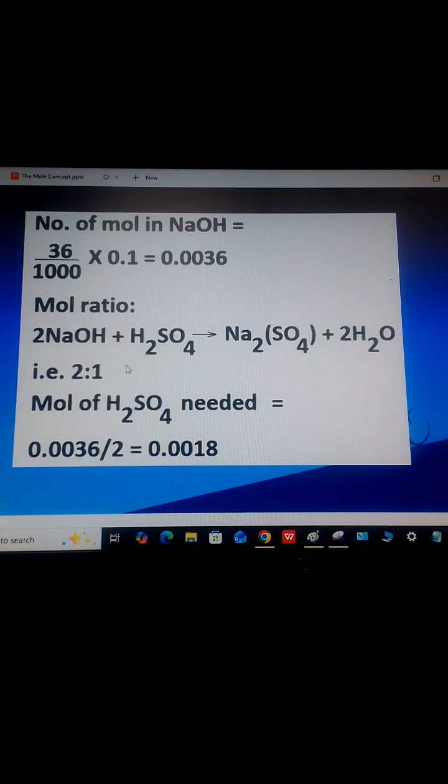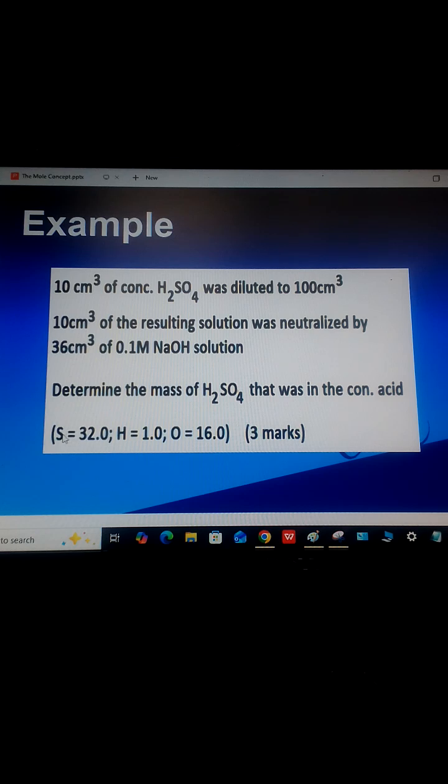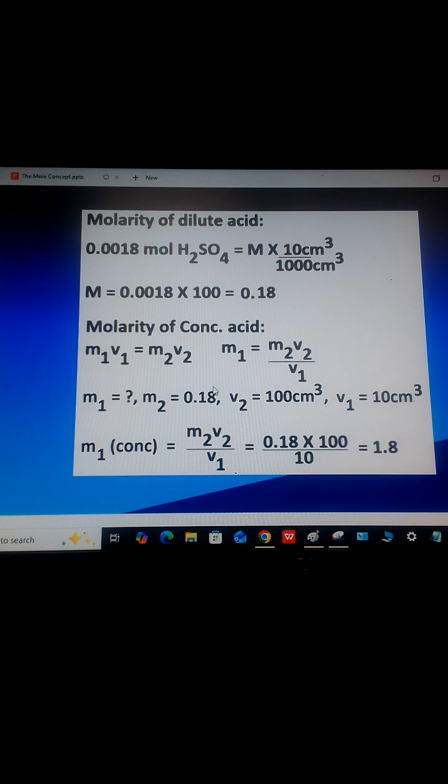Since you have been given these details, sulfur is 32, hydrogen is 1, and oxygen is 16. From the formula for sulfuric acid, we can get the molar mass. Hydrogen is 2 times 1, plus sulfur is 32, plus oxygen, which is 16 times 4. So we get 98.